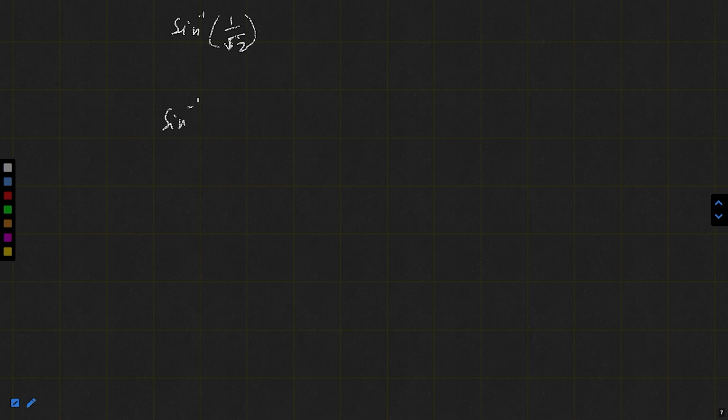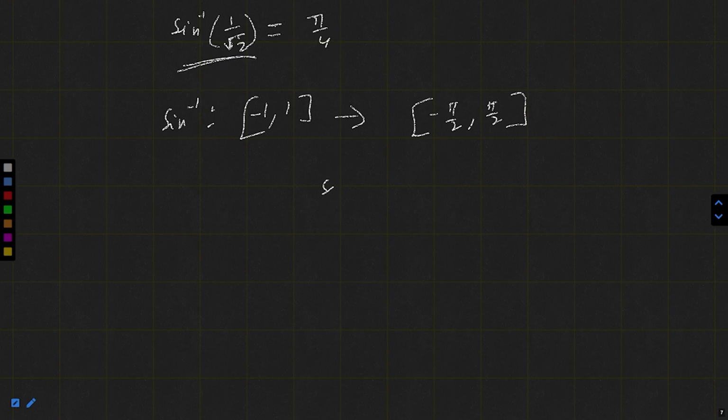As we know, sine inverse domain is the closed interval -1 to 1, and the range is minus pi by 2 to pi by 2. Find this value. What will you get? Pi by 4. Yes, because sine pi by 4 we all know is 1 by root 2. So sine inverse 1 by root 2 is equal to pi by 4.